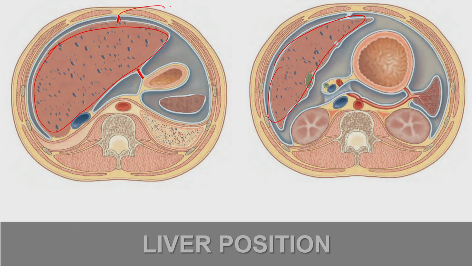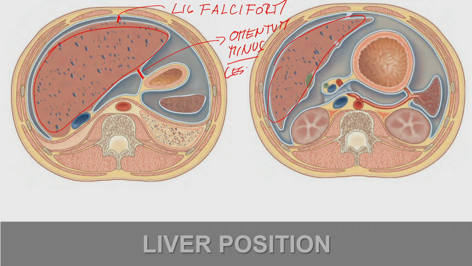This is ligamentum falciforme, falciform ligament, and here the second ligamentous structure, which is called omentum minus, or lesser omentum. So this is liver, and liver is then covered mainly by peritoneal enlayering, which is seen here.